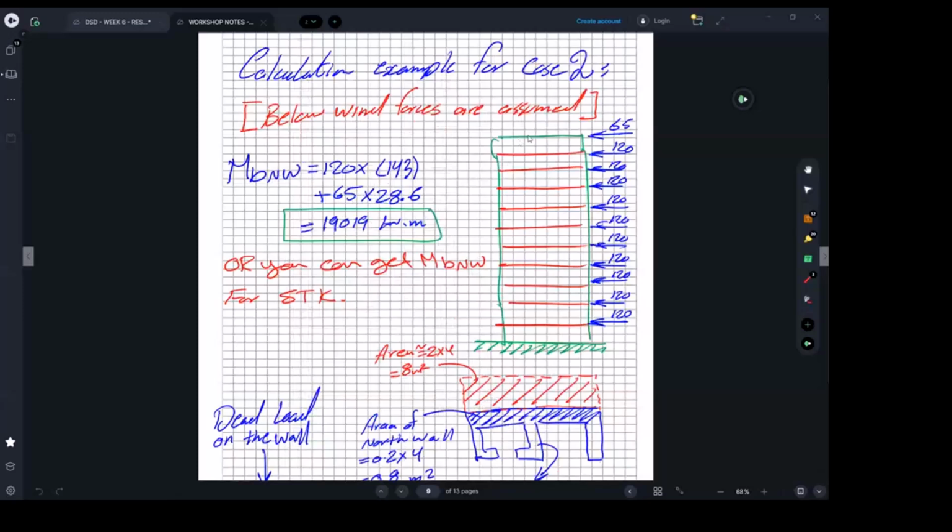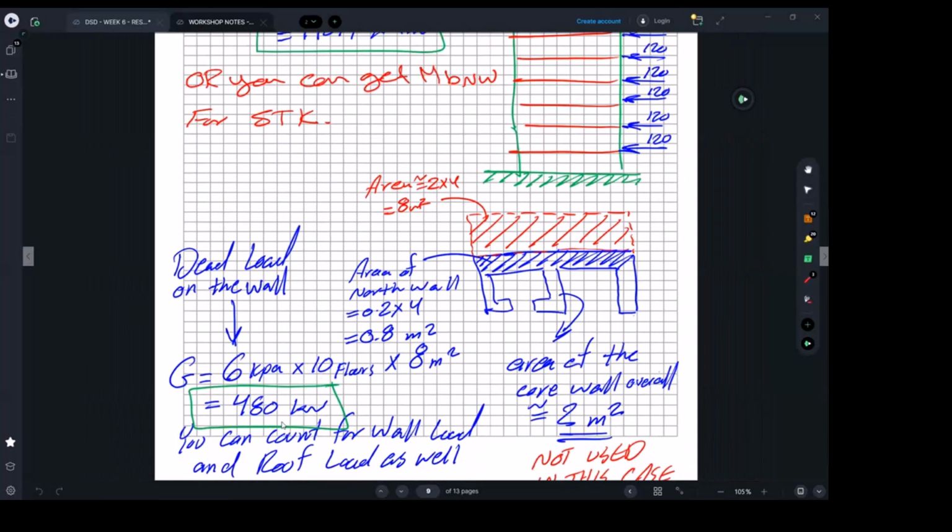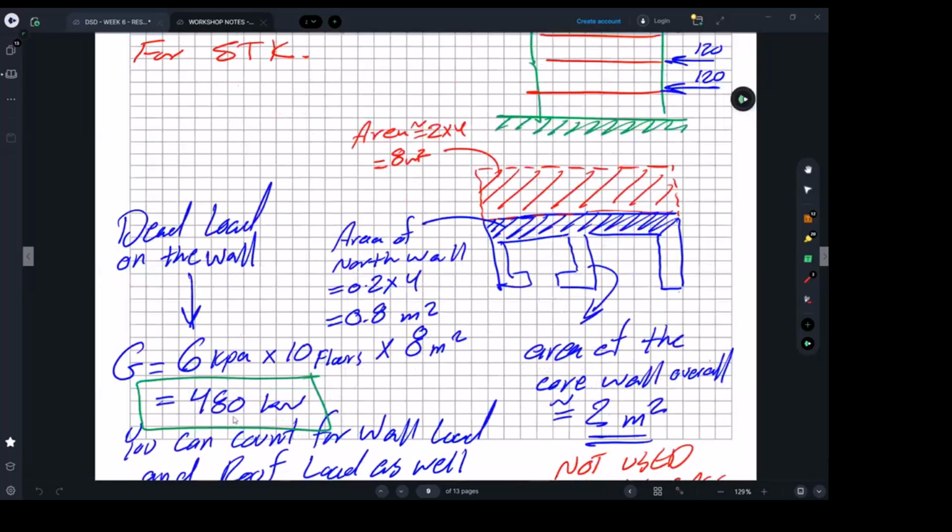Here the calculation of G is a little confusing because it's not getting a similar value. How did we calculate the dead load on the wall? Okay, now definitely don't get misled by this. That was just a sample that I wanted to discuss with the students.